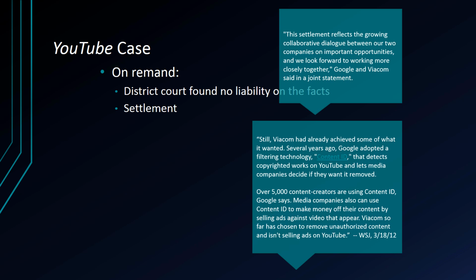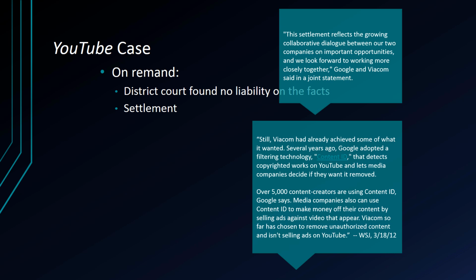So Google did adopt a filtering technology called Content ID that detects copyrighted works and then sends notices proactively from YouTube to the media companies saying, hey, this file looks like it might be a file from one of your works. Do you want to do a takedown notice? And a large number of media companies are using it. Now, notice this, I think is really interesting.